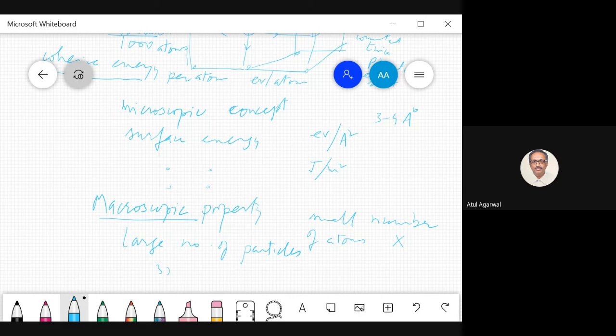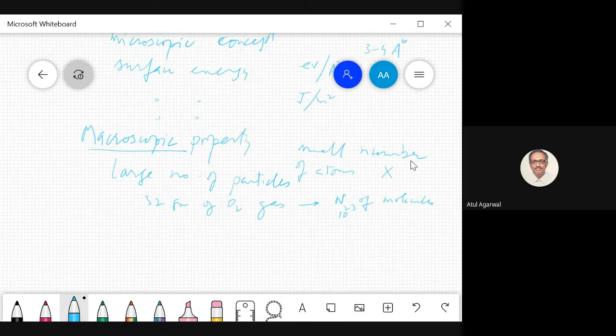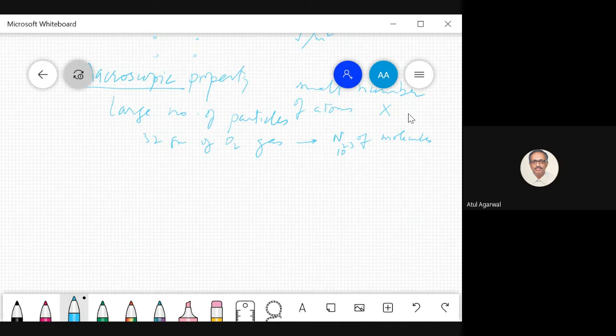I just told you that 32 grams of oxygen has Avogadro number of molecules. It's a very big number. Whenever you have large numbers, you talk of macroscopic properties. You cannot follow each particle. So you take a number of particles, and when the number becomes substantially large, you can define some kind of an average property.